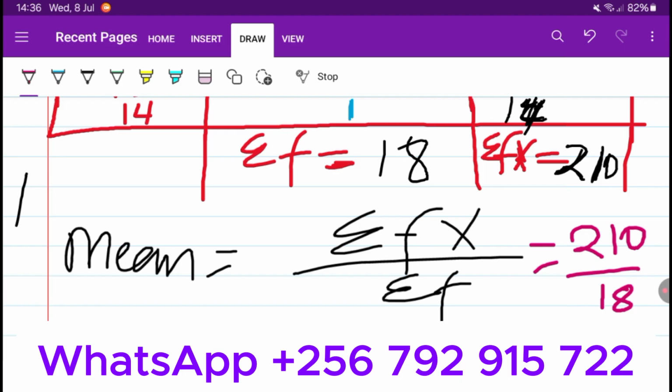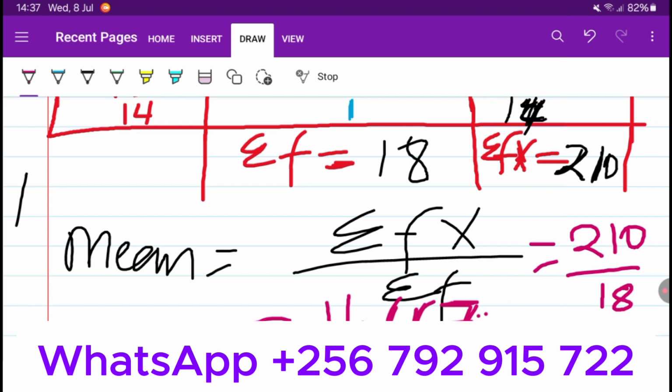Once you do that, you get 11.666667. So you can put it to maybe 3 decimal places, and that will be your mean. If they had not given us the measurement, we leave it without any unit. So that would be the answer.